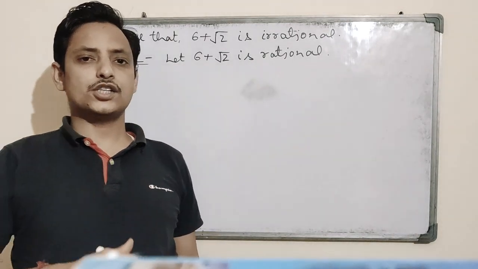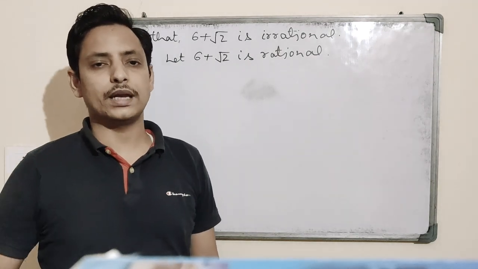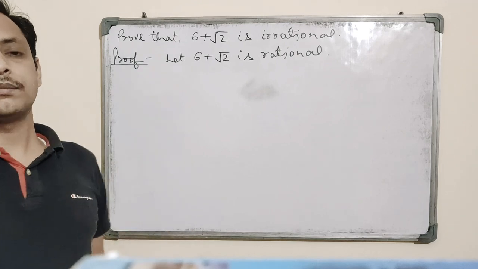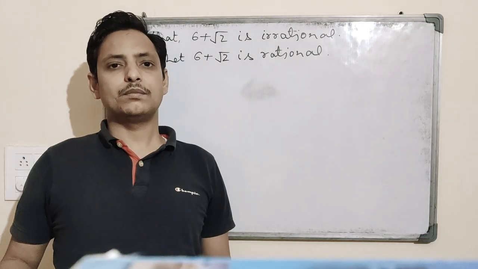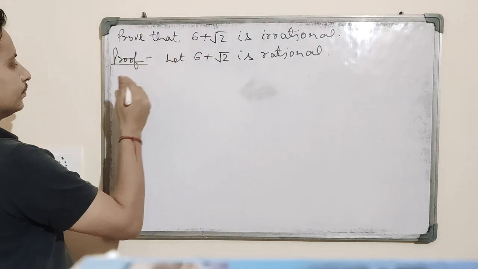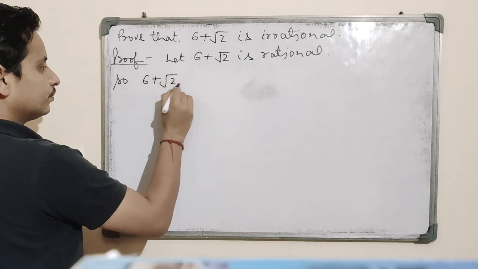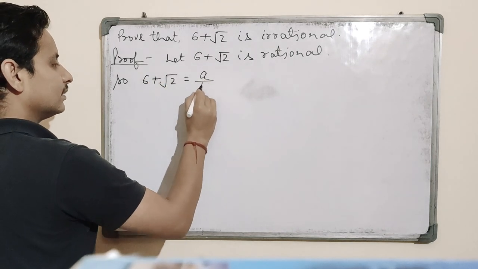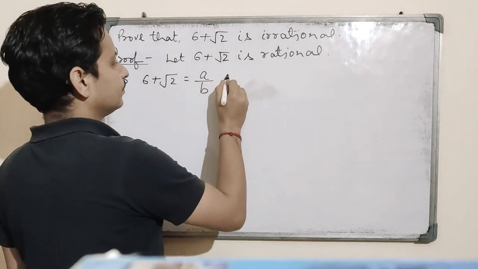If a number is rational, it can be written in the form of P upon Q or A upon B, where A and B are integers, B is not equal to 0, and A and B are co-prime also. So 6 plus under root 2 can be written as A upon B.